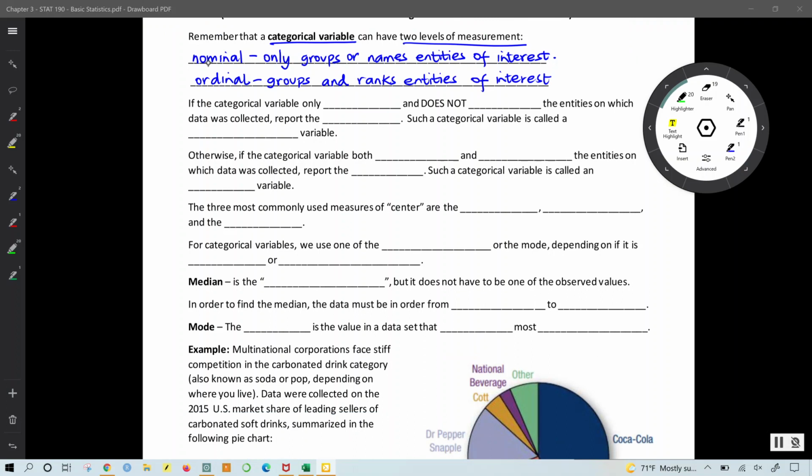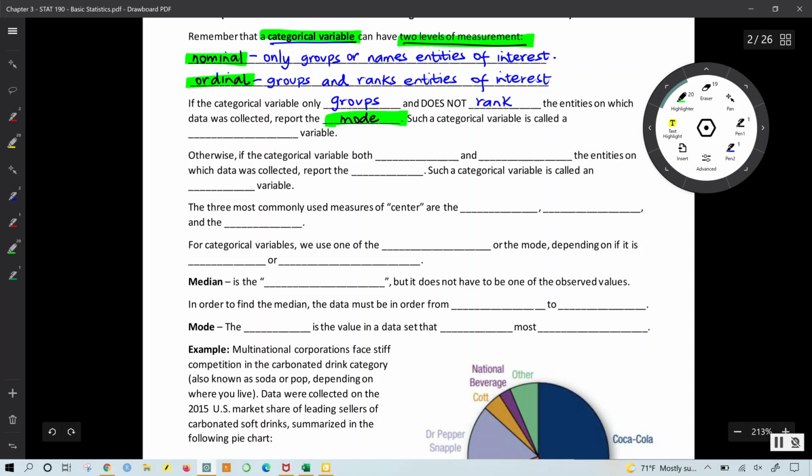So now that we recall the two levels of measurement that can be ascribed to a categorical variable, namely nominal and ordinal variables, we want to discuss them in further detail. If the categorical variable only groups and does not rank the entities on which data was collected, we only report the mode. We will talk more about what the mode is in a little bit.